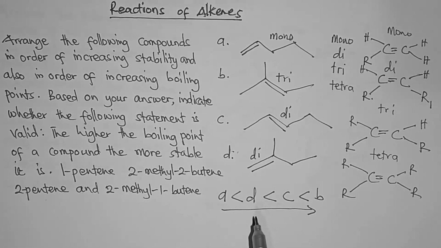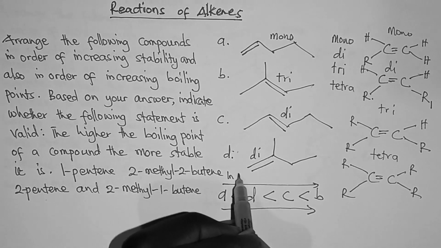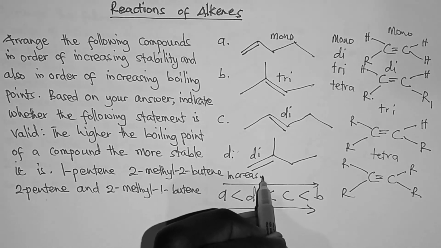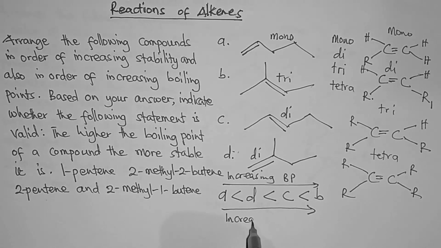The most stable compounds are those with the higher boiling points, and therefore this is also in order of increasing boiling point, and it's also in order of increasing stability.